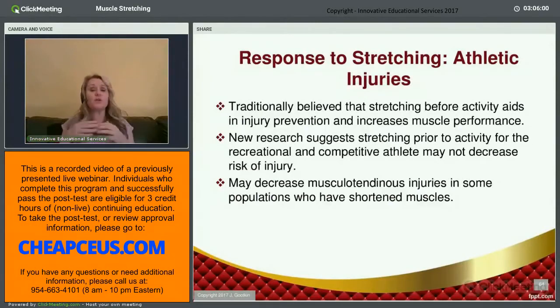So it's important to know that because we statically stretch that muscle, it decreases the ability of it to generate force. Now that muscle is going to be unable to generate power to stabilize the joint or execute the task. That may actually contribute to an increase in athletic injury. So static stretching probably isn't your best choice.